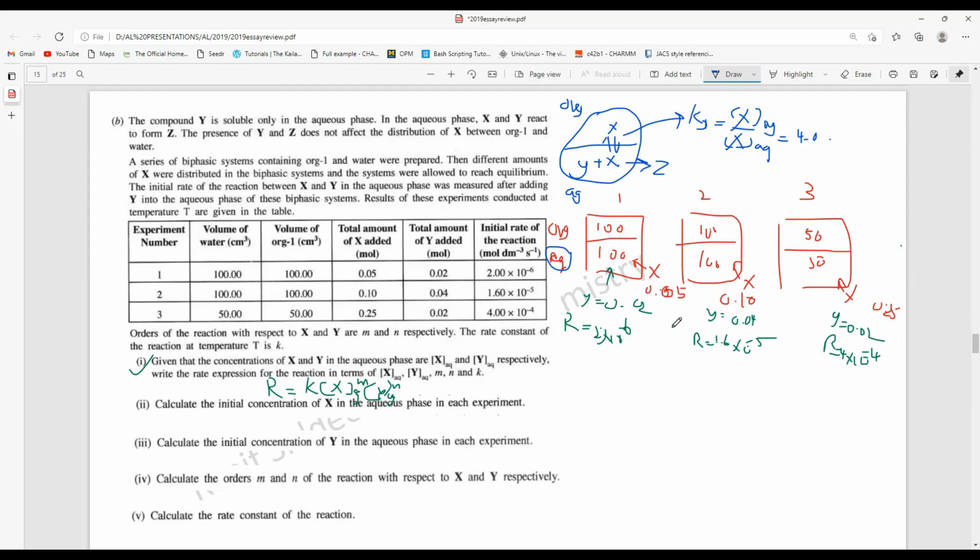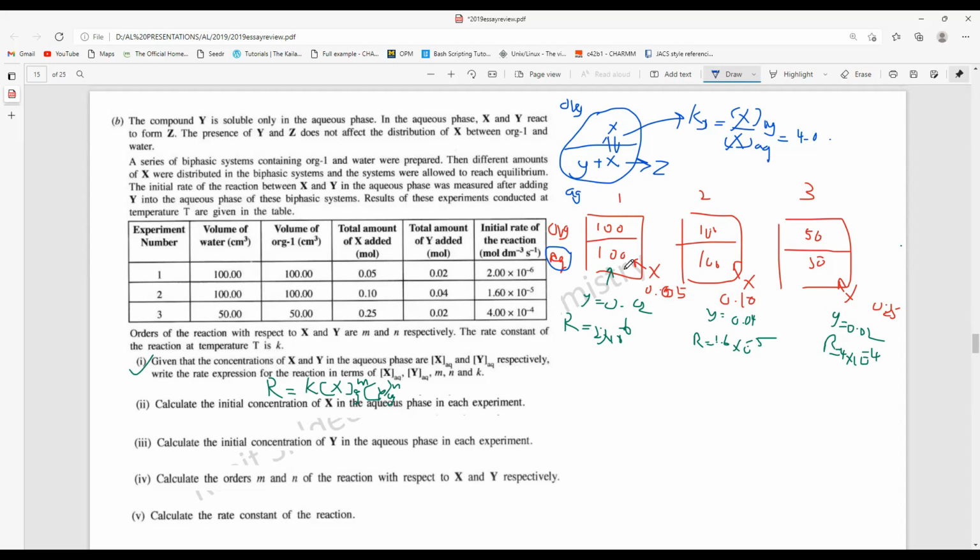You need to think whether I use all 0.05 and divide it by the volume of the aqueous phase, 100 into 10 to the power minus 3, to get the concentration, or I need to first find the amount of X remaining in the aqueous phase and then use the remaining amount to calculate the initial concentration.